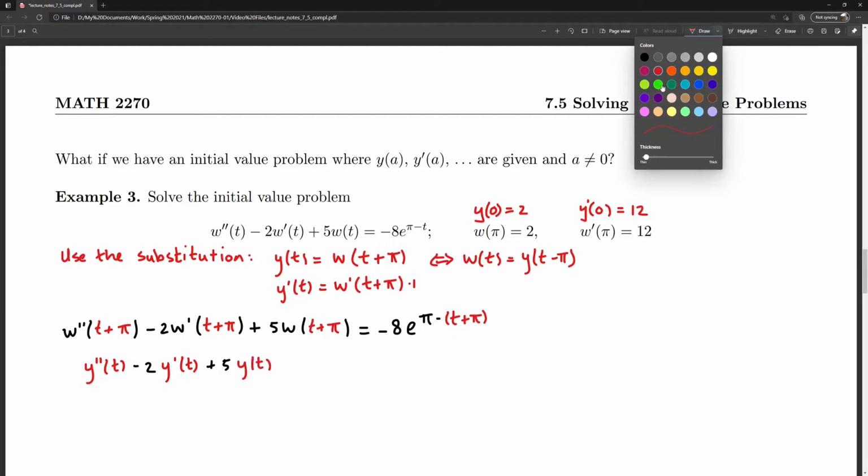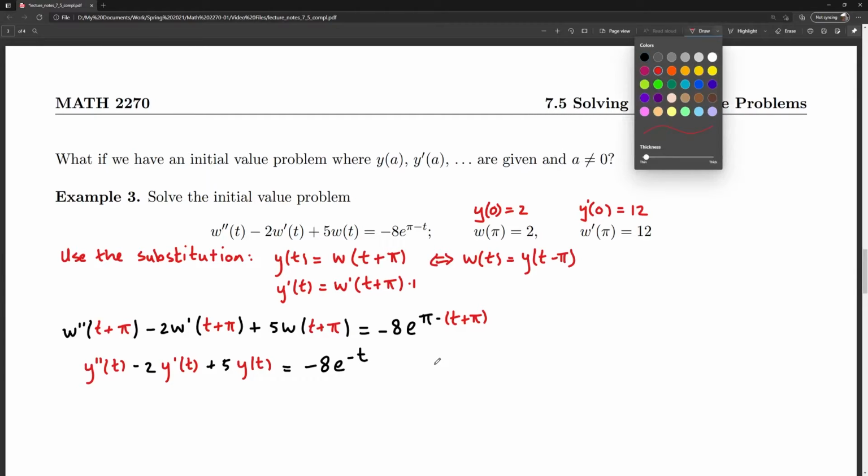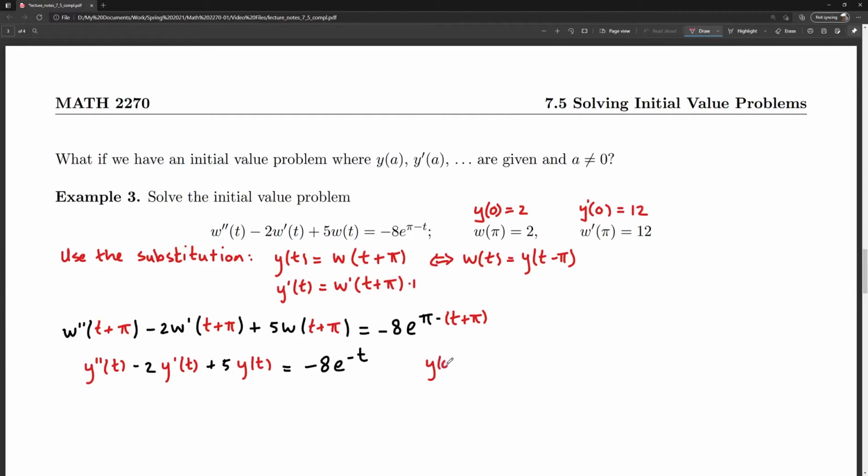And then on the right-hand side, pi minus pi, that's 0. And so I just have a negative t here. So this is minus 8e to the power negative t on the right-hand side. And we already saw that our initial conditions for this were y at 0 equals 2 and y prime at 0 equals 12.